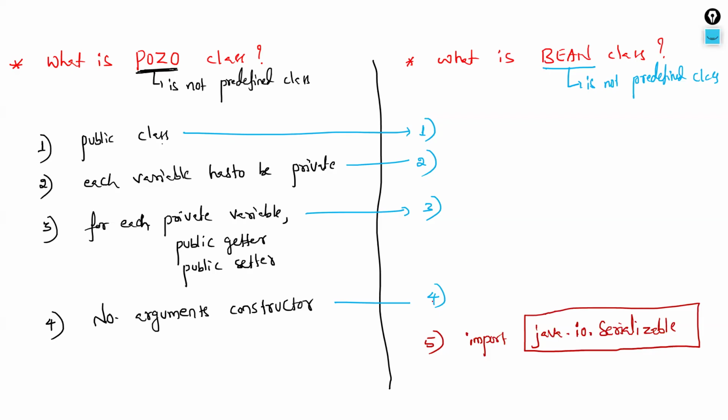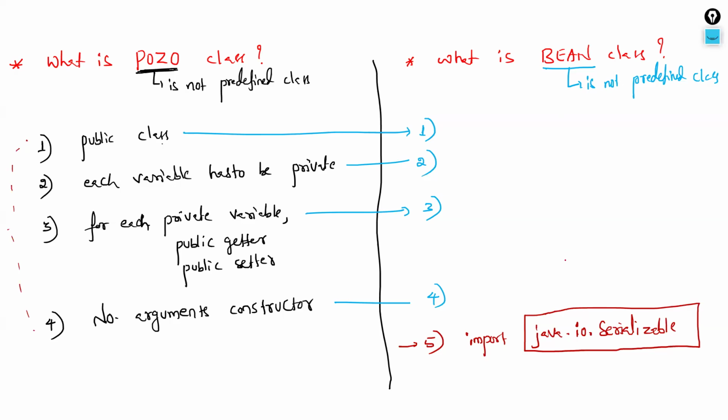With this one extra property, it also becomes a bean class. If there are only the four properties, it is called a POJO class. Generally, in industry terms, people call it a bean class only. But if you look for a minute difference, this is the one extra property for a bean class which is not there for a POJO class. That's all.